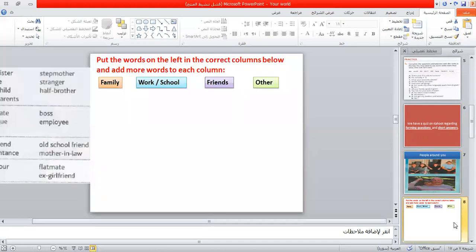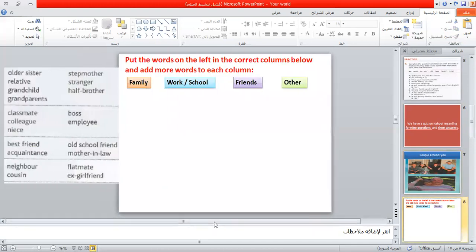Then we will move to the next slide. In this slide, we will tackle the vocabulary in our lesson. Here we have an activity, which is putting the words on the left under each column.